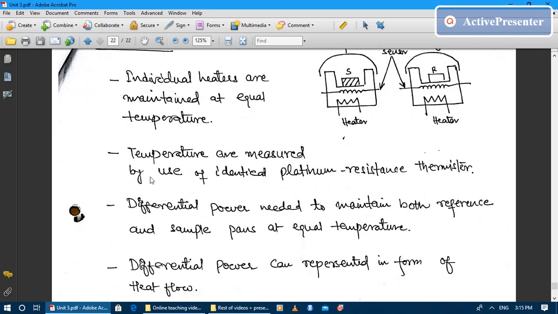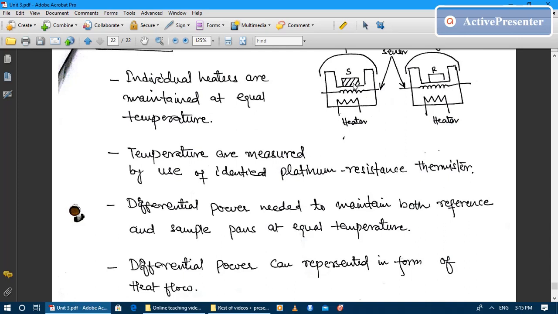Temperatures are measured by the use of identical platinum resistance thermistors. They are known as PT sensors also. Differential power is needed to maintain both reference and sample pans at equal temperature. You cannot give the same amount of energy input to the sample pan as well as the reference pan, because one contains a sample, and the other is empty.